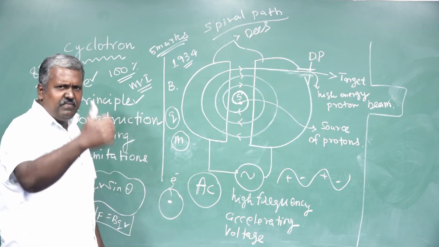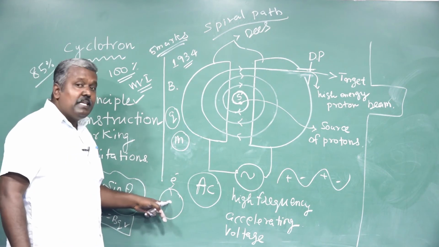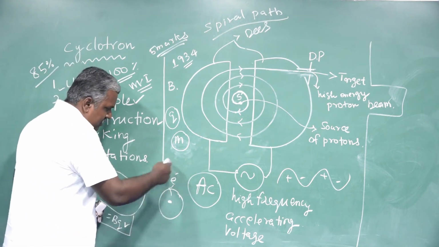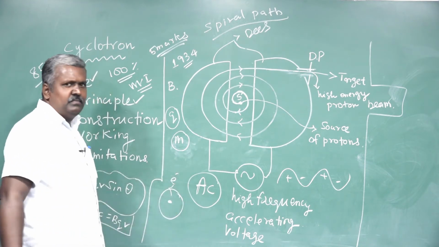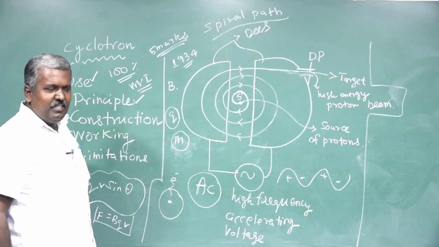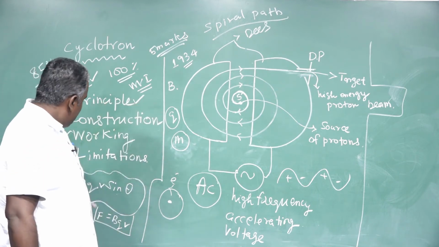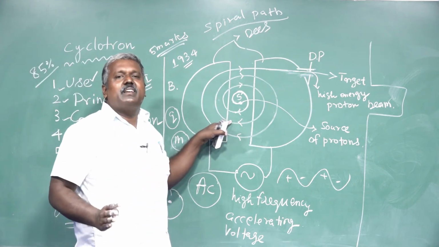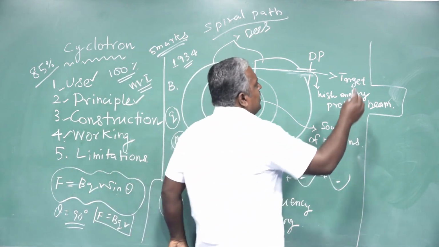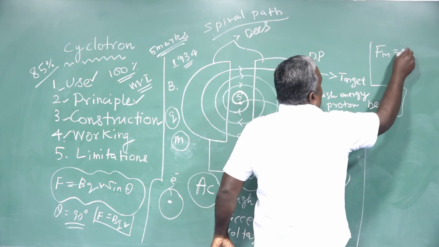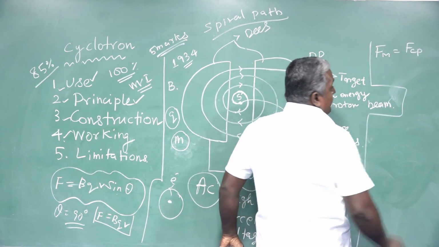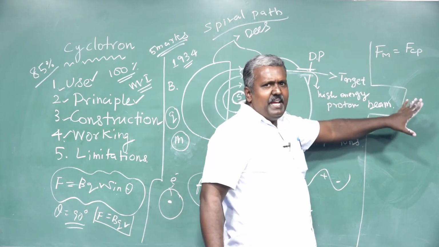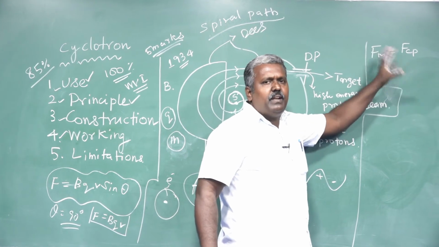What's the reason for this? Here centrifugal force acts. That's why the electrons revolve in a circular path, otherwise no chance. Similarly, the magnetic Lorentz force experienced by the particle under the influence of the magnetic field is equal to the centrifugal force. That means this magnetic Lorentz force provides the necessary centrifugal force.